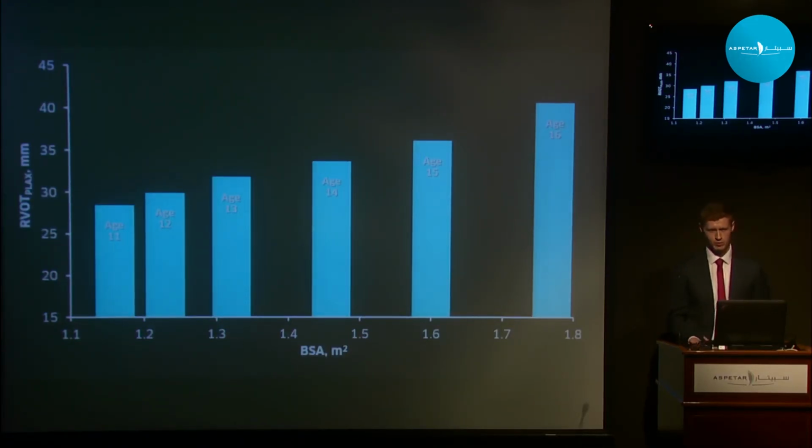So what might we be able to do to make this process a little bit simpler? A common approach in pediatric echocardiography includes the use of Z-scores. So the Z-score is how much above or below this measure is to the population mean.